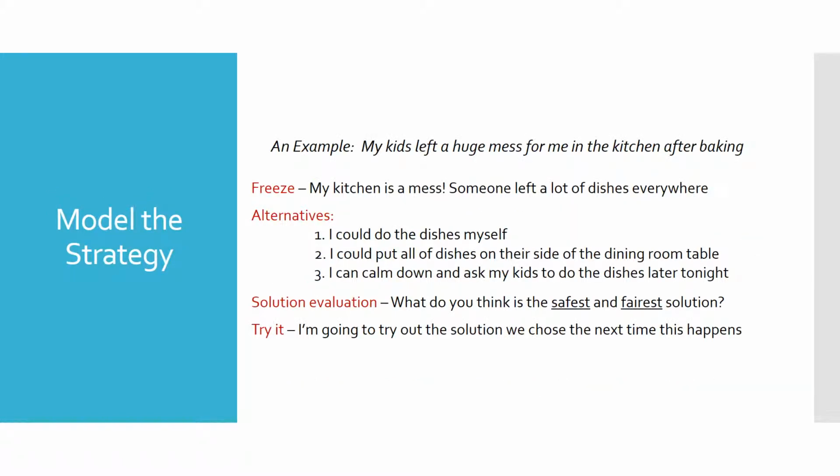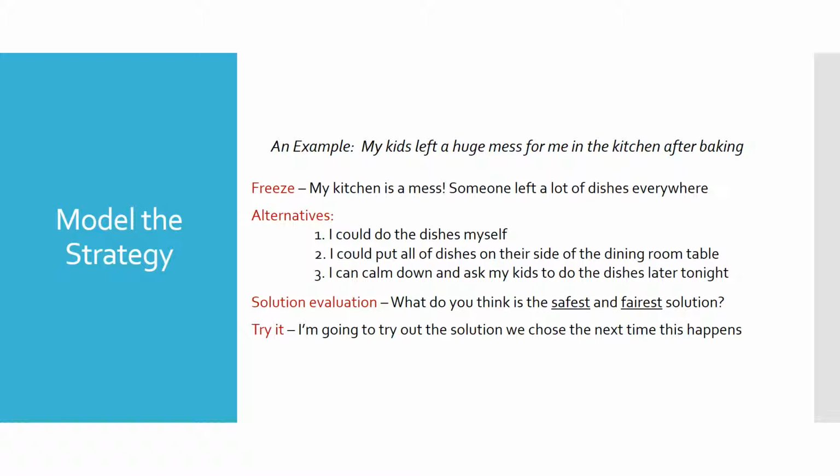So I'm going to give you a really quick example of what happens to me. So my kids are older and they like to bake, and sometimes they will bake a cake or do something like that, and they leave a huge mess for me in the kitchen. So if I was using the FAST strategy, my first step would be to stop myself and to say, what is happening?